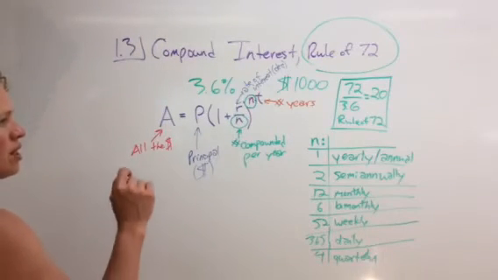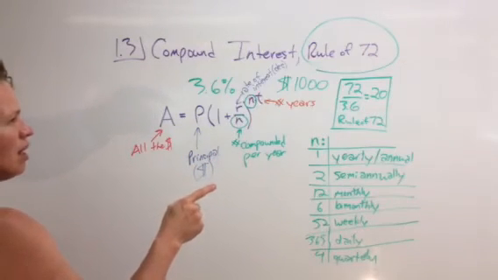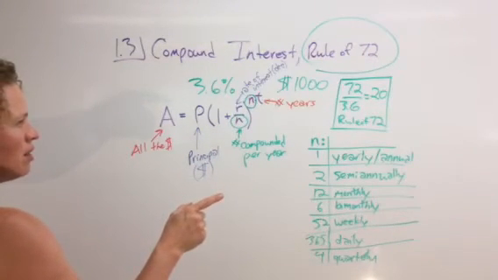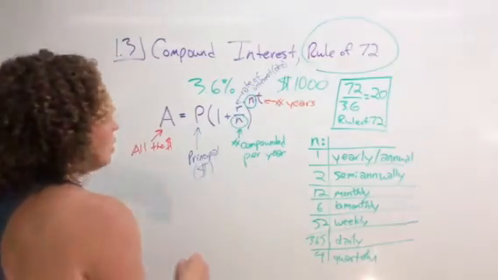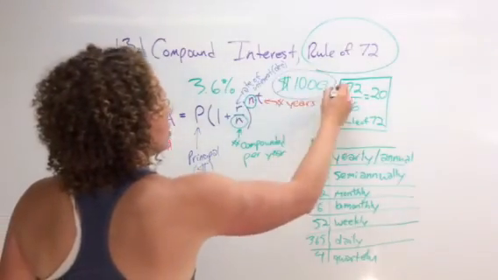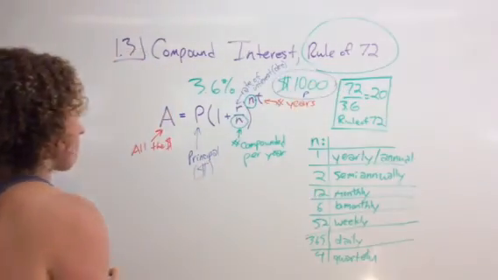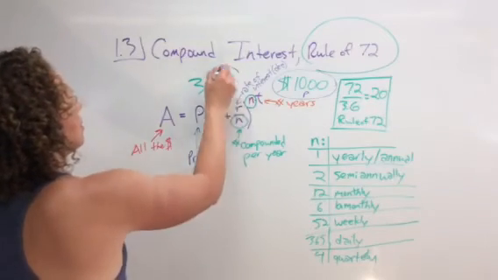All right, so we're going to use the same numbers. We're going to use that 20. We're going to find out what we actually get after the 20 years. So we're going to figure out whether it's close to 2,000 or not. So we're going to use 1,000 as our principal. This is our P. And our rate is here.